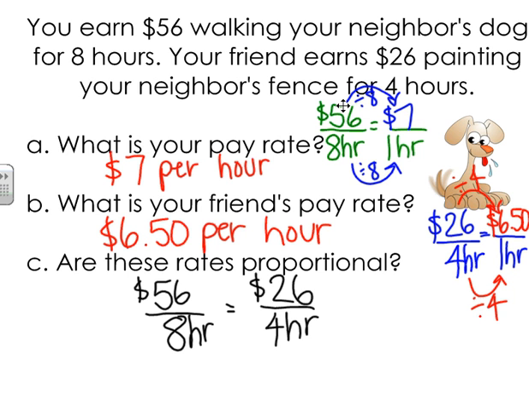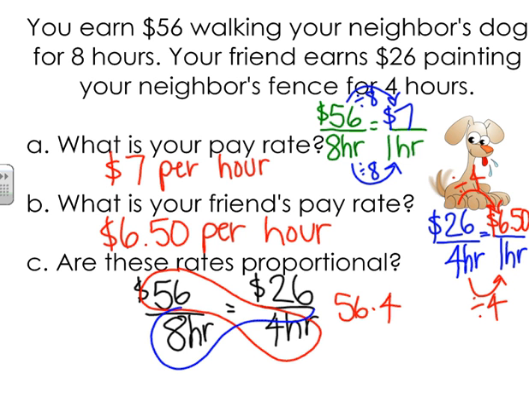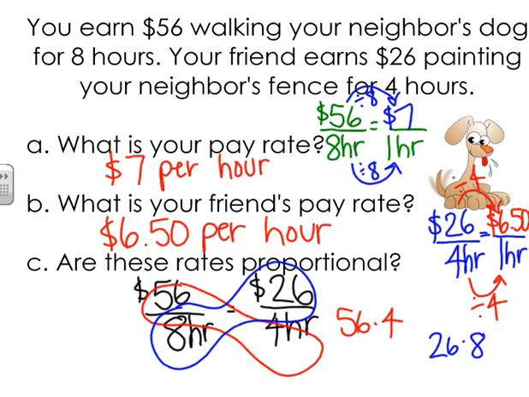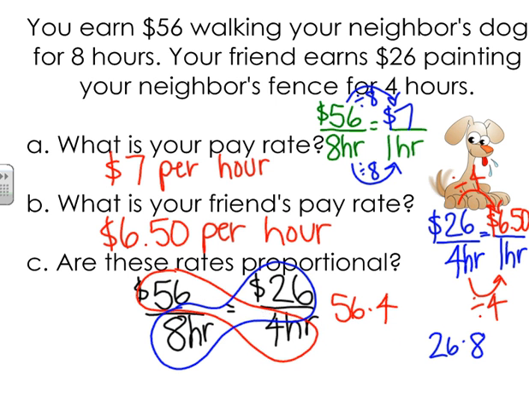Okay, now when I do cross products, I'm going to multiply 56 times 4. And the second cross product, I'm going to multiply 26 times 8. Okay, now we're going to set these two equal to each other.